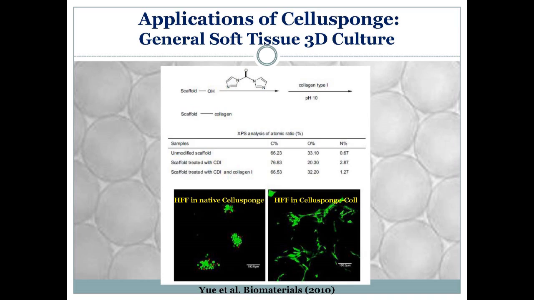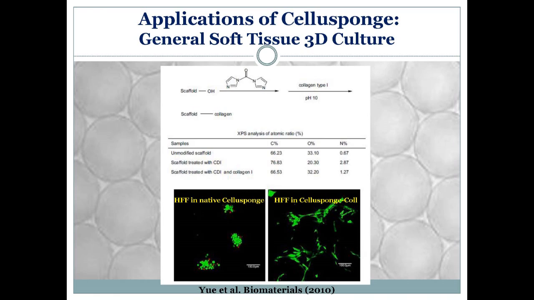Not only having cellosponge plant, we also can conjugate some substances, such as collagen, on cellosponge. The picture on the bottom shows human foreskin fibroblast, HFF, in both cellosponge and cellosponge coating collagen.